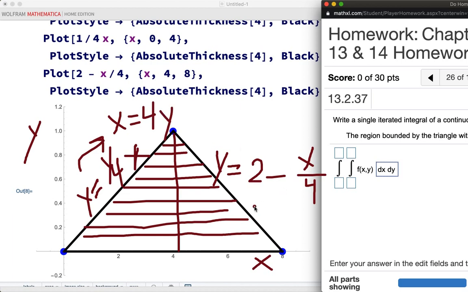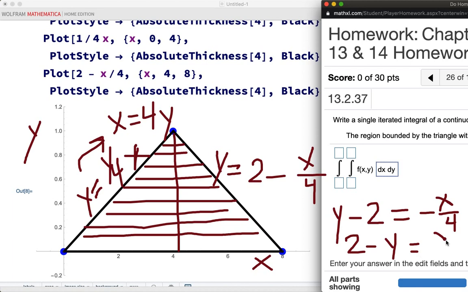Here, this is getting very messy. I have y minus 2 is equal to negative x over 4. Then I have 2 minus y is equal to x over 4.